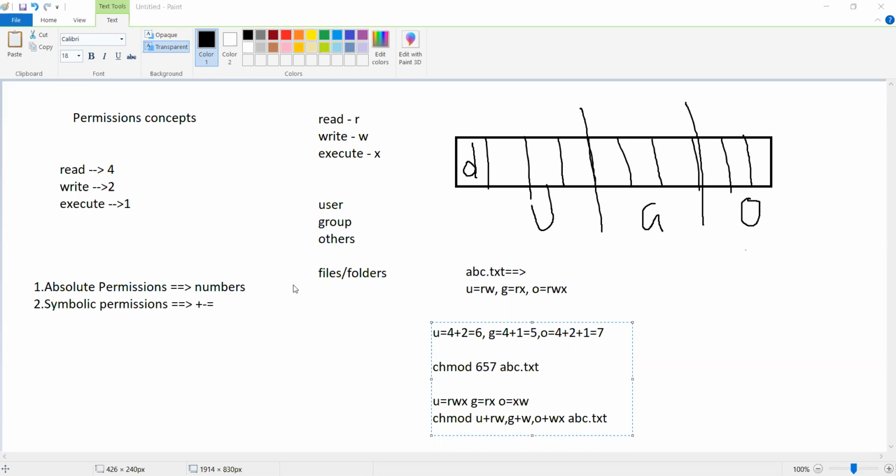Apart from Ashok, other people come into the others category. In this context, I don't have the permission to execute that particular file that I have created, but others have been provided such a permission. That's why I asked who are others or who might come under that category.